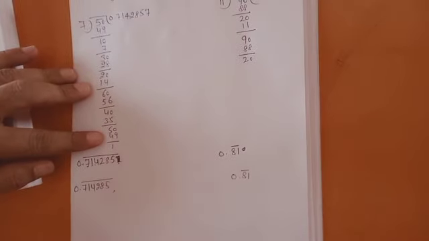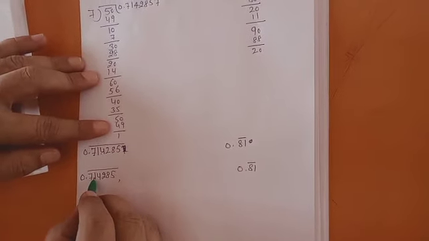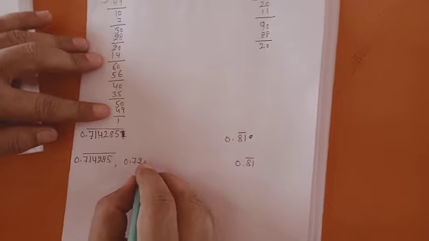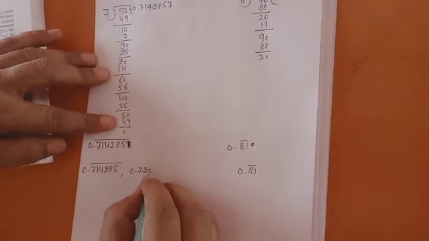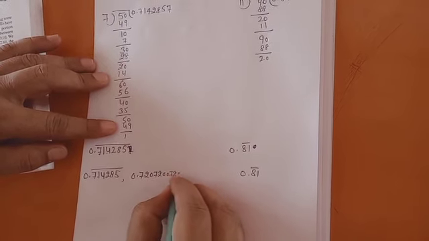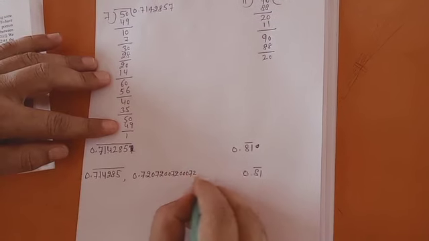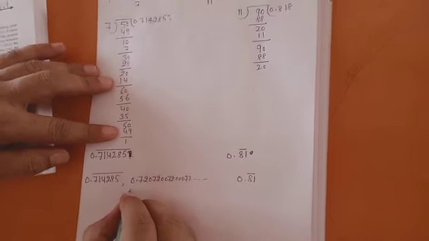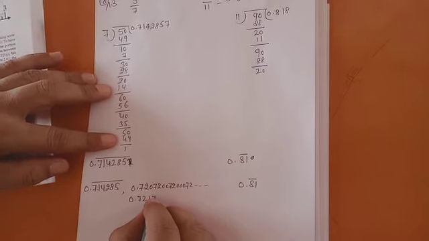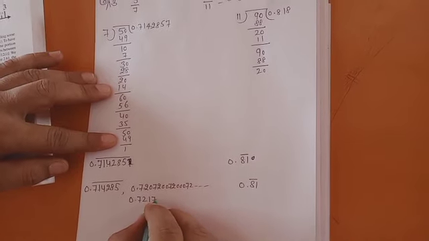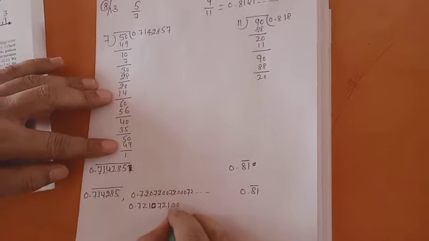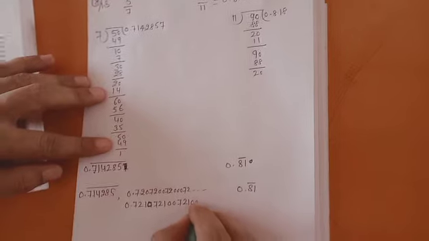In between, in place of 1 you can take 2: 0.72, then 0.7200, 0.72000, continue like this. One is this. Another is 0.721, 0.72, then 1, then 10, then 7 2 1 with 0, 2 0, then 7 2 1 with 3 0.